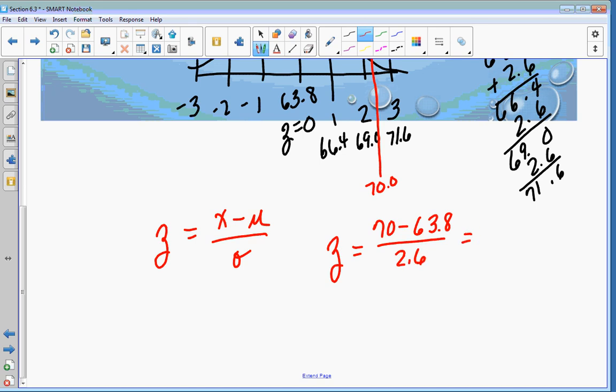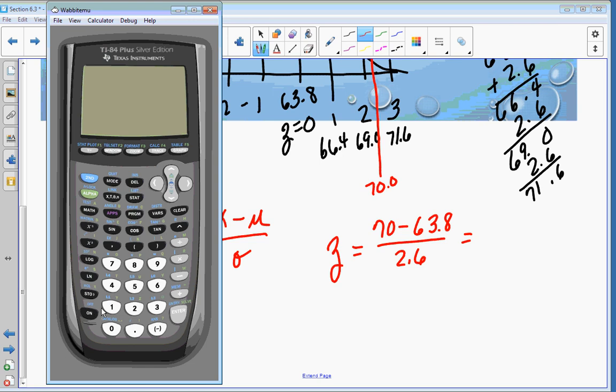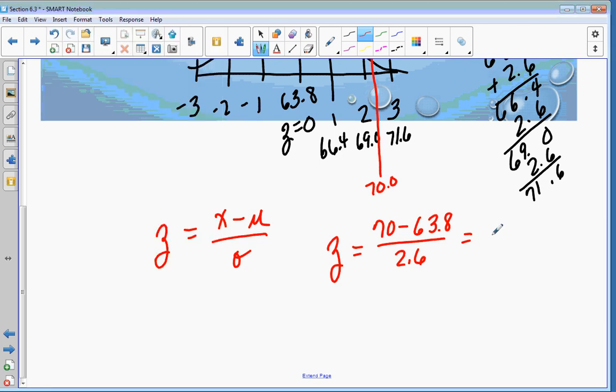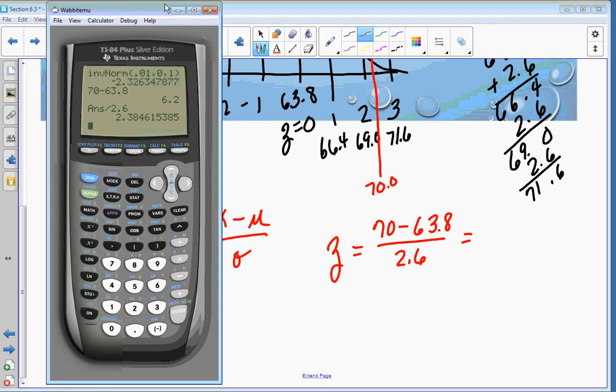So I'll bring my calculator up, and we're going to do 70 minus 63.8, divide that by 2.6, and I find that my z-score is 2.3846. Of course, we're going to round that to 2 decimal places. So my z is 2.38.